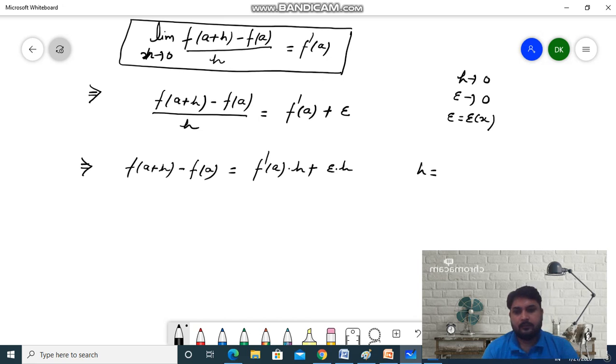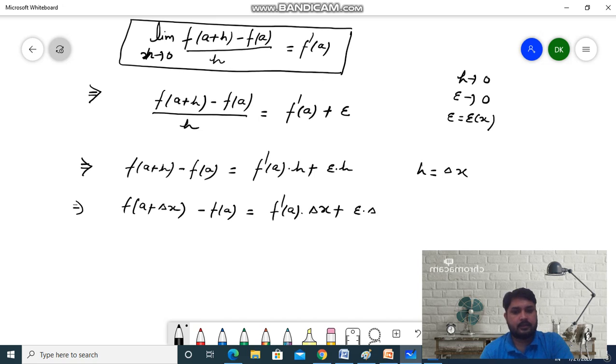Now in place of h, if we use del x, we get f(a plus del x) minus f(a) is equal to f dash a into del x plus epsilon del x. After simplifying, we can write f(a plus del x) minus f(a) minus f dash a into del x is equal to epsilon into del x.